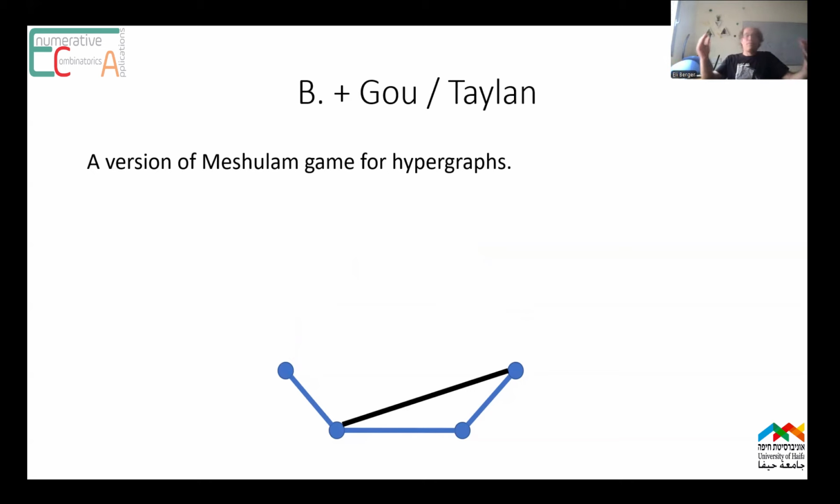And other than that, the game is the same. I continue this game until either all the vertices are gone, and then I sum up the payment, I sum the size of the edges minus 1 for all the edges that I blew up. Or if at some point I obtain some isolated vertex, then the value of the game is infinity. And this still gives us a lower bound for eta.